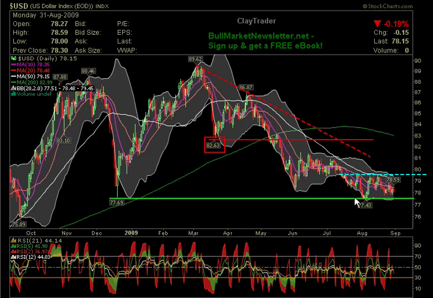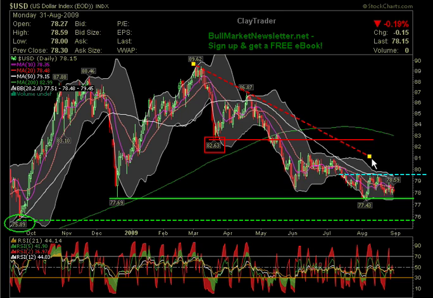And if this line does not hold as support, then I would look for the price to head down to right around 76, 75.89 if you want to use a specific price, but as we know, support levels are not exact literal prices, but rather zones. So this is our next support level. If this one can't hold, going all the way back to September of last year. So it's been a while, but we could be seeing these lows again if this downtrend continues.